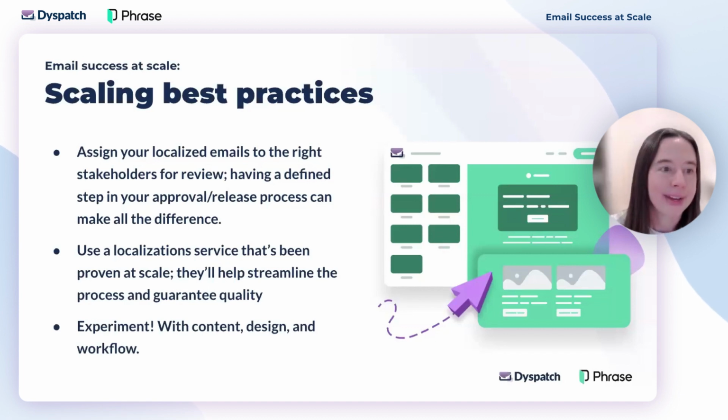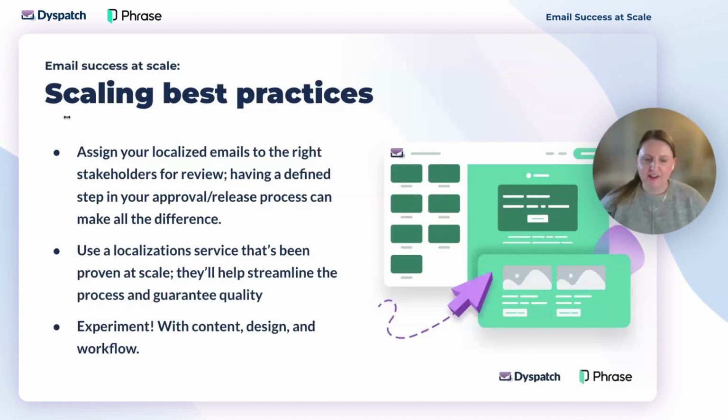And then I think the last point here, experiment with content and design and your workflow. Even if you have something that's working, doesn't mean that you can't make it even better. Kate, what do you think about content and design and workflow as far as something to bake into best practices in your process? Yeah, I think marketers, we can get really excited about content and design.